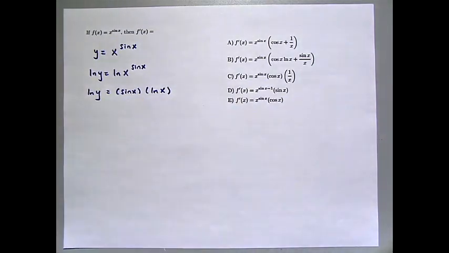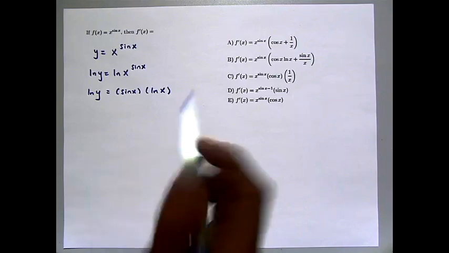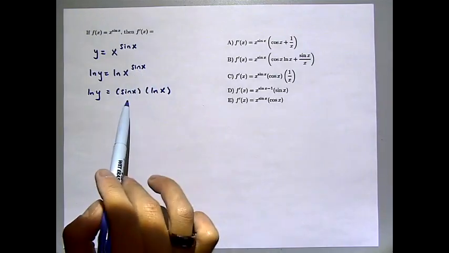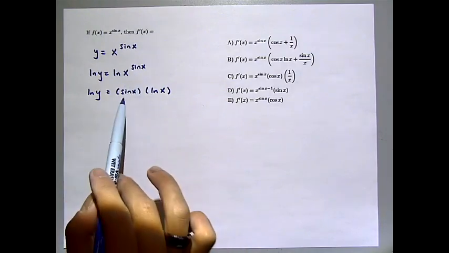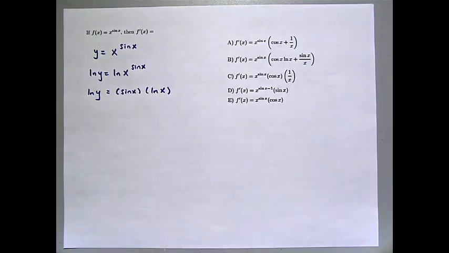Okay, I take the natural log, and then left side is natural log of y, right-hand side is natural log of x to the power of sine of x. Log allows me to move the sine of x to the front. So right-hand side is equivalent to sine of x times natural log of x.